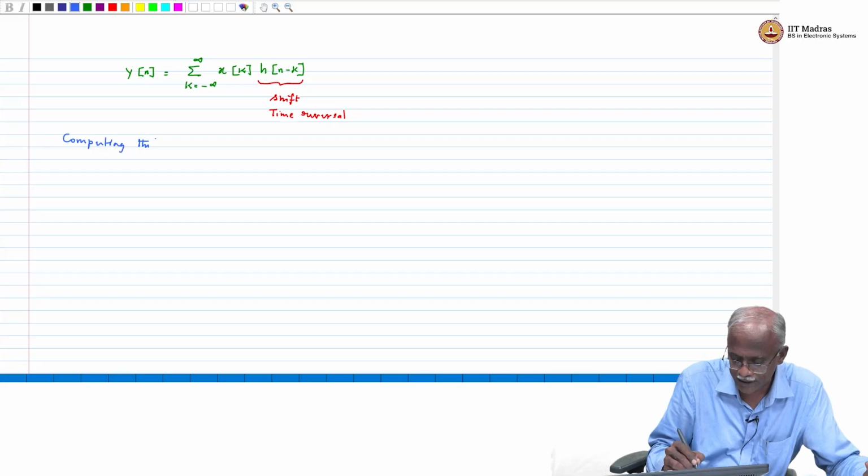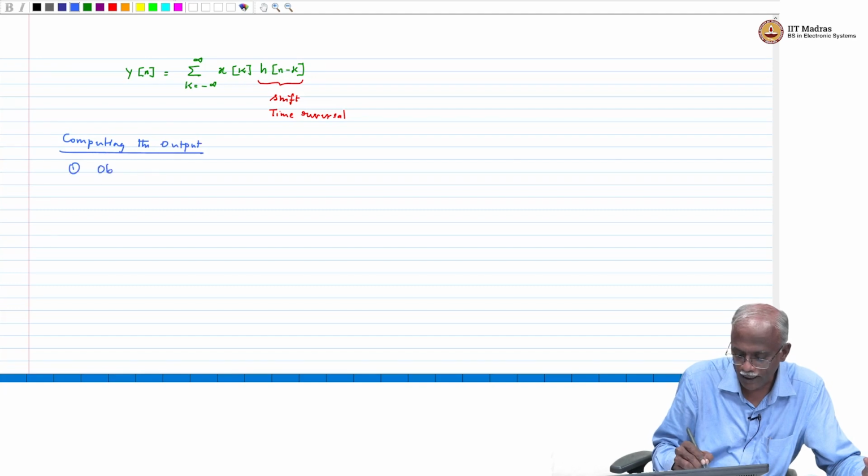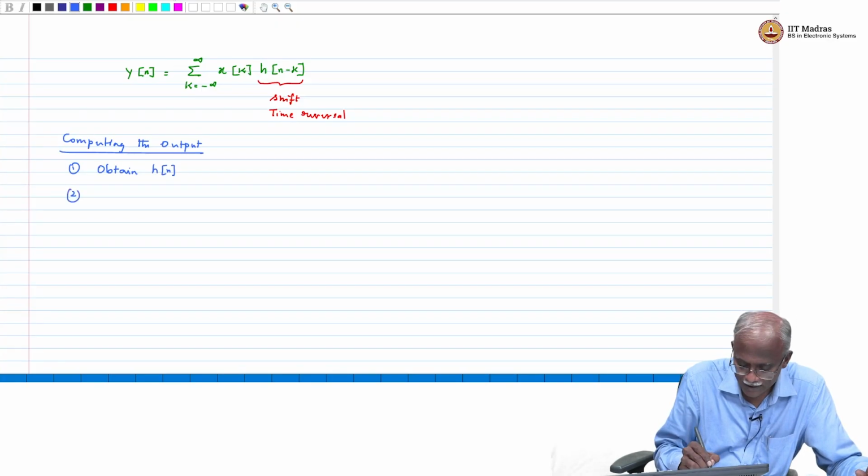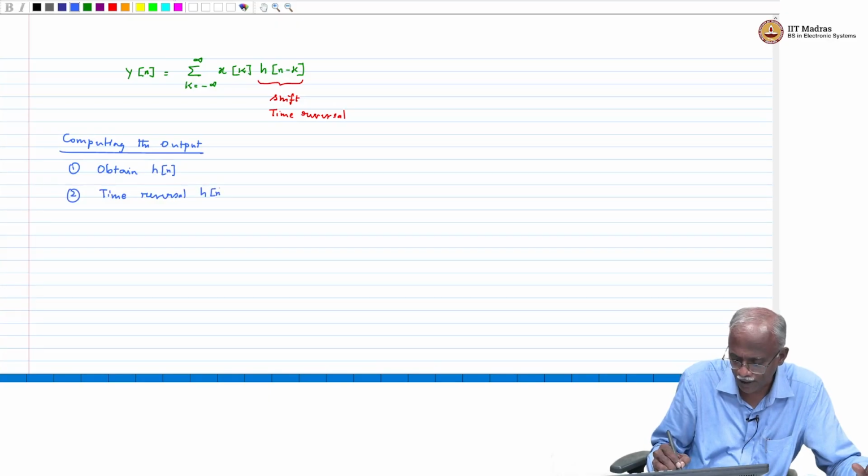of an LTI system involves the following. Okay, step 1, obtain the impulse response, obtain h of n. Then the second step is time reversal of h of n.